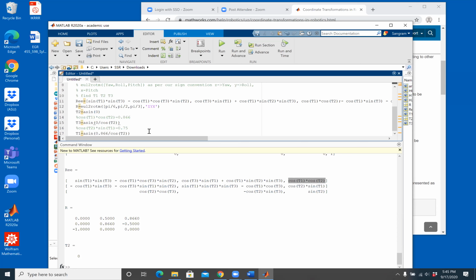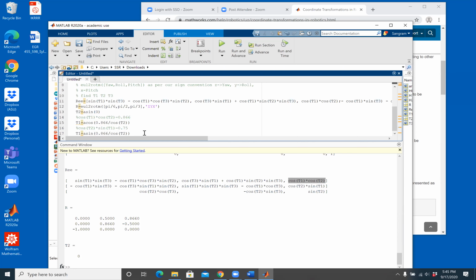So what this means is 0.866 divided by cosine T2 is going to give me cosine T1. So I will have A cos, and this is going to give me T1.